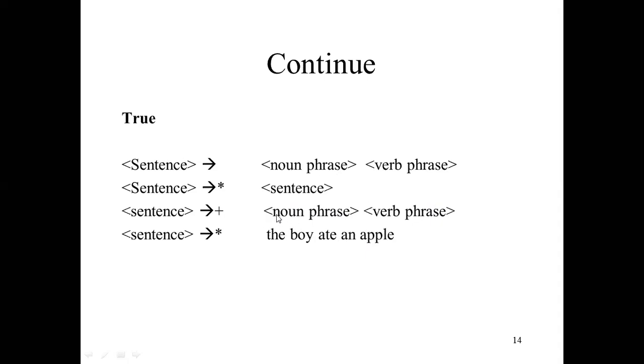And if you have the connectivity, again you can break this and you can get the same thing. At the end, whenever you are going to break noun phrase and then verb phrase again and again, then you will get the boy ate an apple. So in the context of this sentence, you can say sentence is equivalent to noun phrase and verb phrase just after one step.